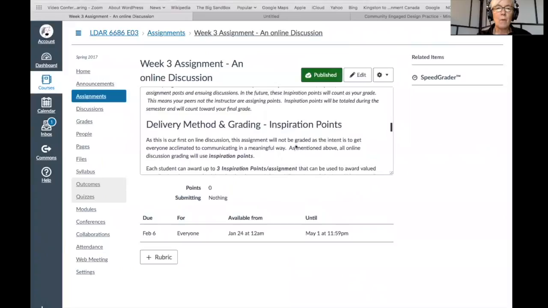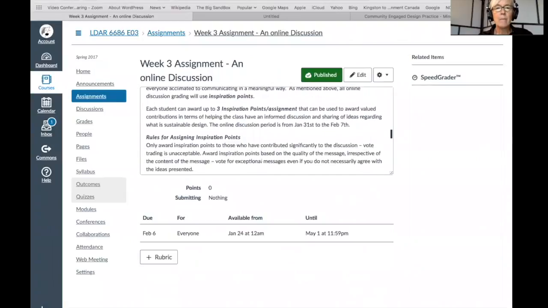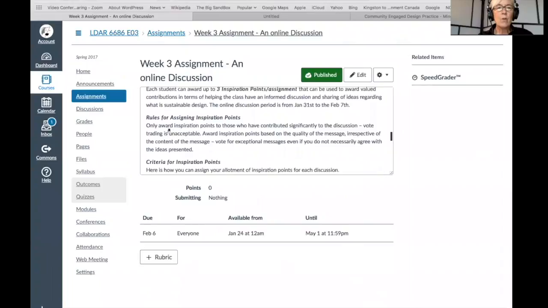So what we're really trying to do here is recognize good work, recognize meaningful work, maybe not necessarily work you agree with. So take a little time and read through this. I'm not going to sit here and do that with you because you can do it. But you're awarding inspiration points to those who have contributed significantly to the discussion.